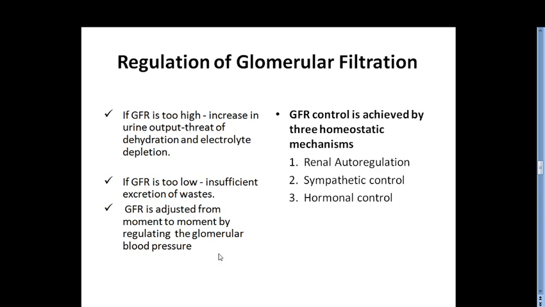Now, how is this renal filtration, or the glomerular filtration, being regulated? As we earlier discussed, the net filtration pressure depends on the glomerular hydrostatic pressure, the colloidal osmotic pressure, and the Bowman's capsule hydrostatic pressure.